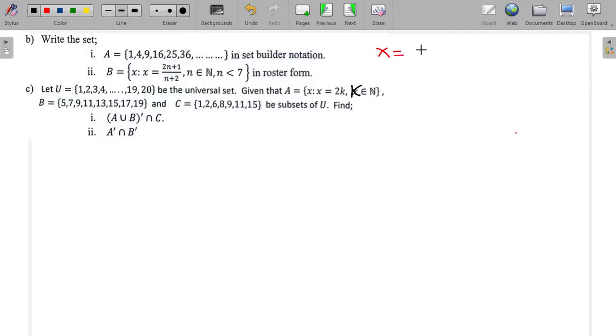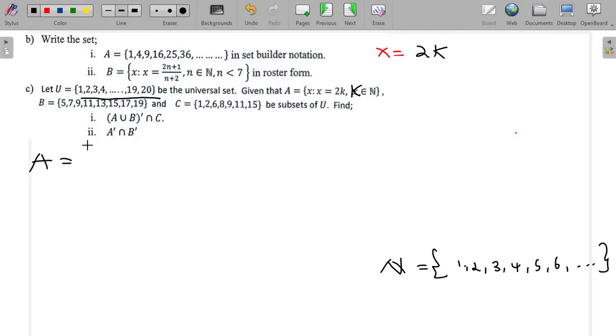Now using this formula 2k, we can find the values of x that are within this set. The first one is when k is 1. Remember, the set of natural numbers starts from 1, 2, 3, 4, 5, 6, and so on. So when k is 1, the first element is 2.